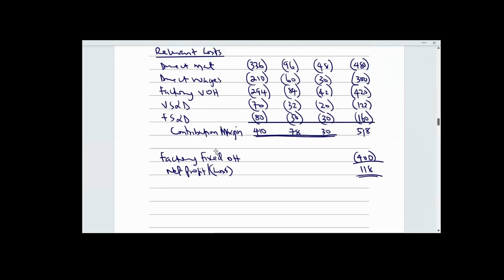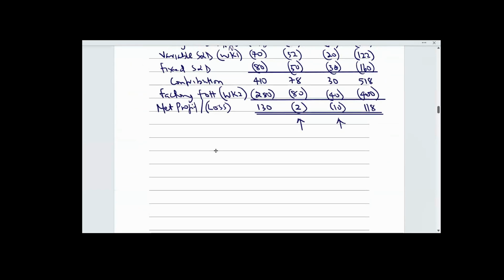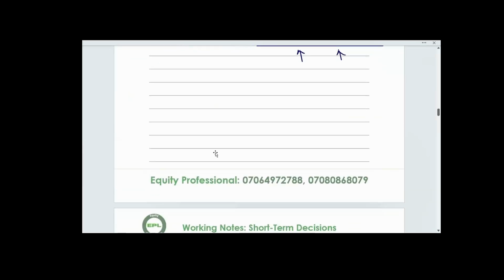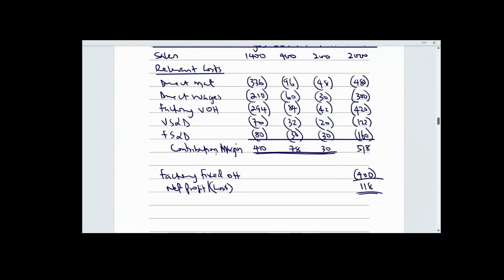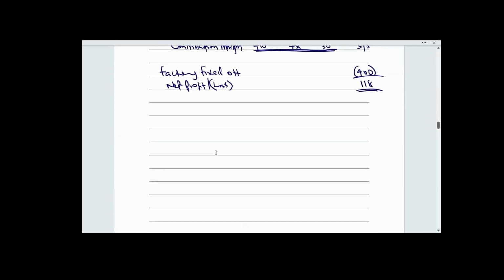Now, what the examiner is saying here is that in the first statement that we prepared, we have indicated the reason why the management of Ife Sinachi Limited is thinking of closing the Benin and Kaduna depots: because they are operating at a loss. Now, the examiner is asking in the C part of the question that you should prepare the net profit after closing down the Benin and Kaduna depots.